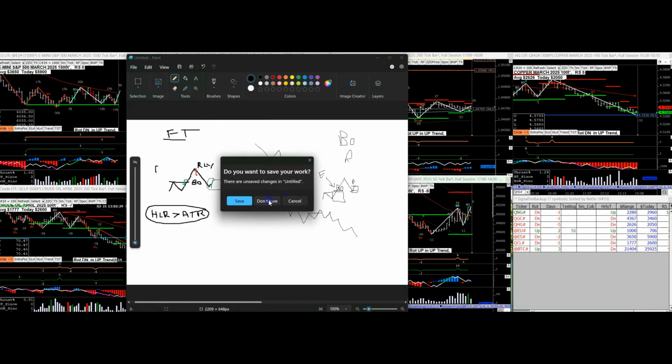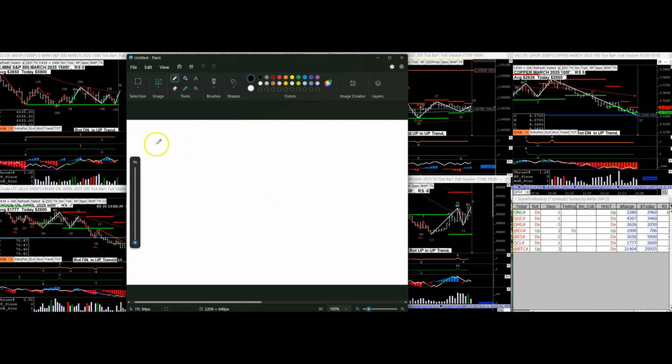So I'm just going to do this one more time. Know that the way trends work, first of all, let's take a step back. We're looking at wave charts. Wave charts are highly effective for trading because of their focus.